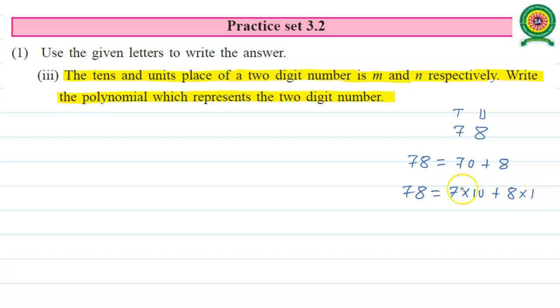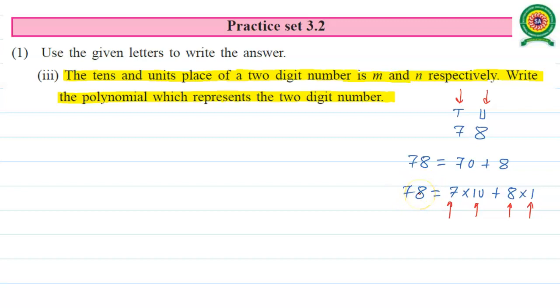Since 7 is at the tens place we multiply 7 by 10, and 8 at the ones place we multiply 8 by 1. After simplifying, 7 tens are 70 plus 8 ones are 8, we get 78 exactly.